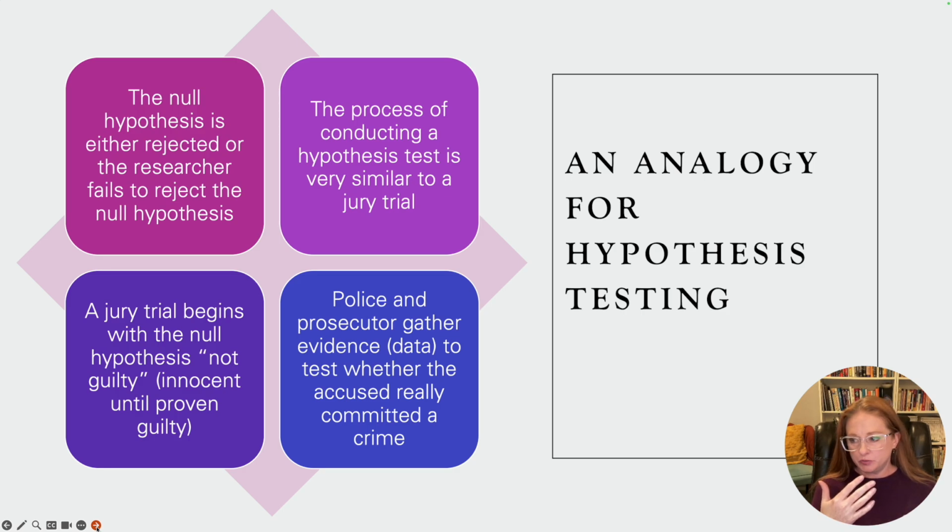And it's up to not your defense attorney, but the other side, the prosecuting attorney, the police, everybody else, to gather data, to gather evidence, to gather witnesses and everything else to build a case, to build enough data to run the statistical analysis and say, I have enough evidence to reject that null hypothesis of innocence. Okay.